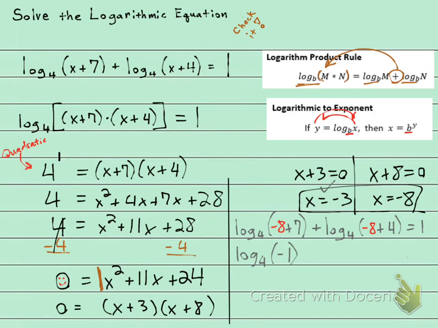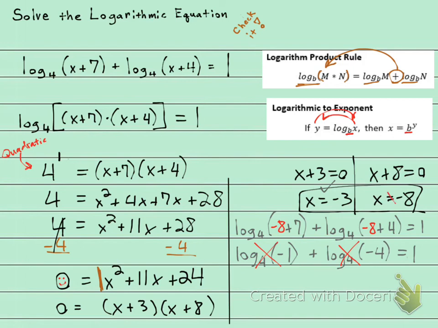Can't have it. Can't take the log of a negative. Over here, it doesn't really matter, but just to show you, same thing: log of a negative 4, can't have it. So this is not one of my answers. It's one of my possible answers, but it's not one of my answers.